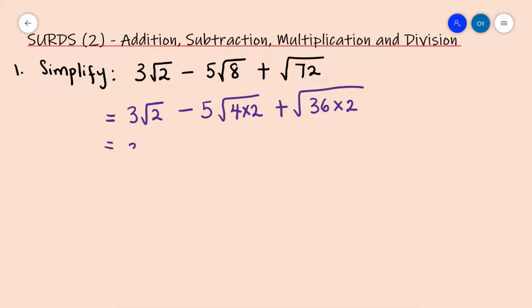We write 3 root 2 minus the square root of 4 here.